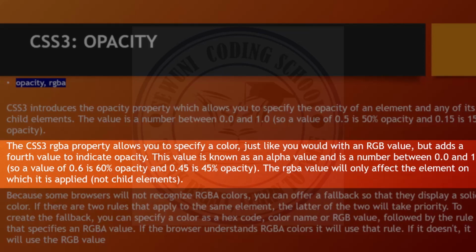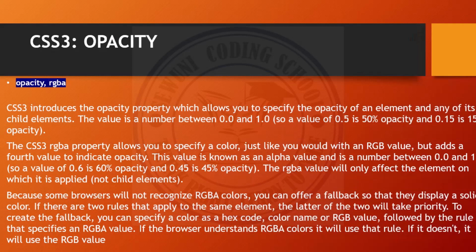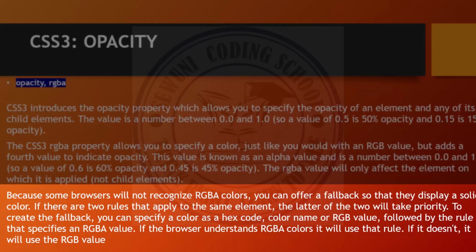The RGBA value will only affect the element on which it is applied. It doesn't apply to child elements. Some browsers will not recognize RGBA colors. You can offer a fallback. That means in case you are using a browser that does not support RGBA, it should display a solid color instead of displaying it with the opacity.